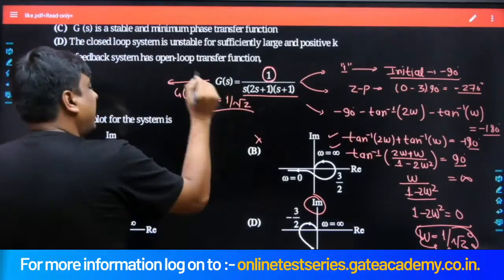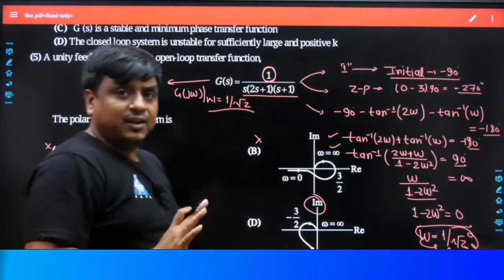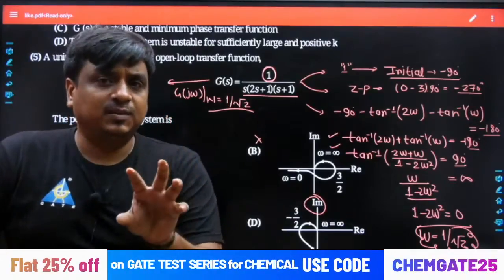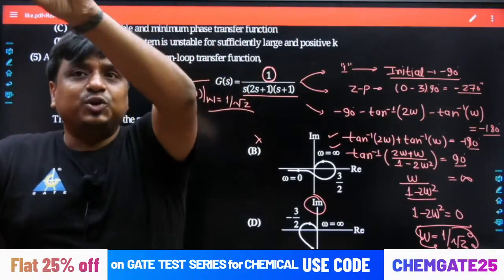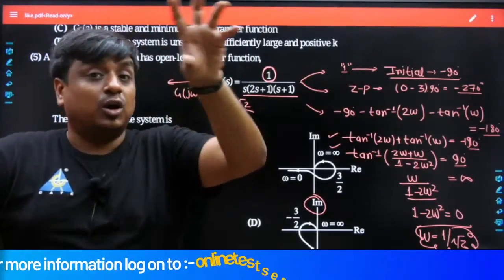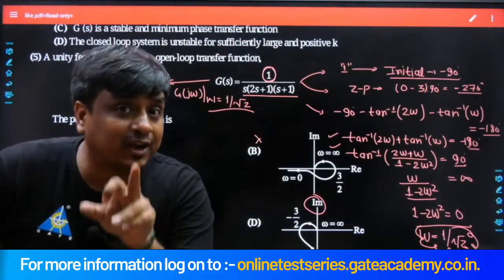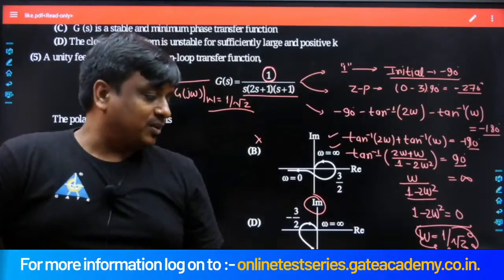We have talked about this in much detail. Whenever you are dealing with a complex function, you can find the magnitude of the individual components, and at the end of the day, the magnitude you get is the magnitude of the complete transfer function.